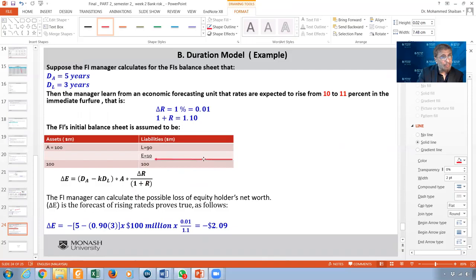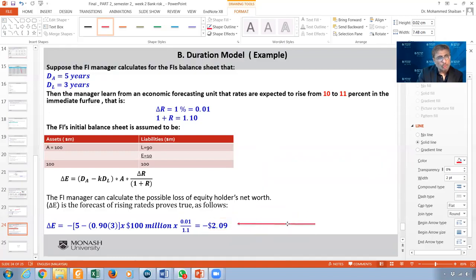If I take these numbers from the balance sheet, the duration of assets is 5, coming from here, minus the leverage, 90 over 100, times 3, the duration of the liabilities, times 100, the total assets, times the change in interest over 1 plus the interest, 1.1. So the drop is actually 2.9.